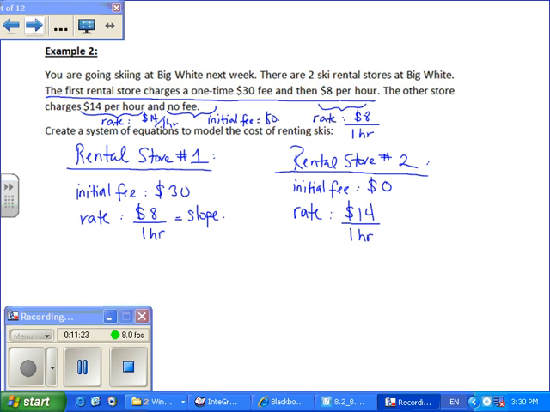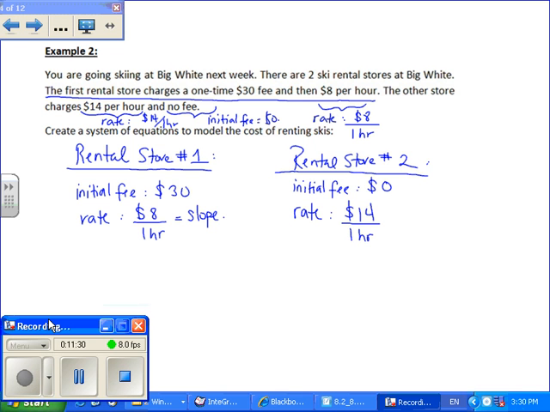So what are the two variables? What are the two quantities that are changing? Well, one thing is the time. How many hours you ski is a quantity. So let's define, we need to have two variables, for each quantity that's changing. So quantity 1 is time in hours.